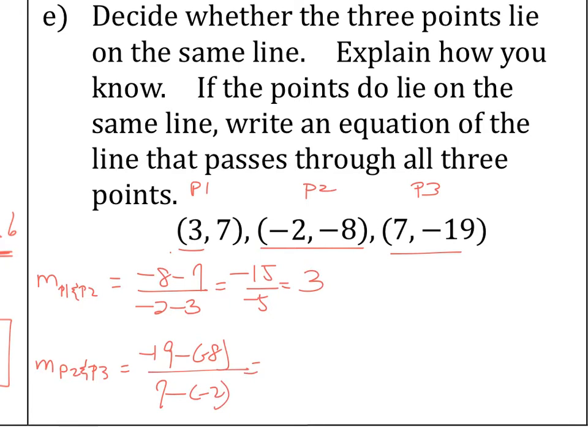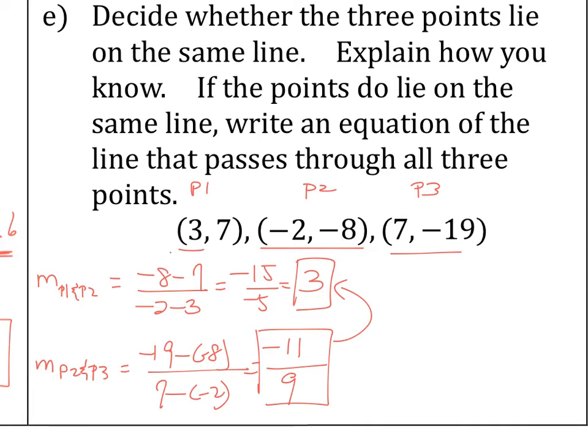So your numerator will be negative 11 over 9. Okay, this slope is different from this slope, so you can already begin assuming that these points don't lie on the same line.